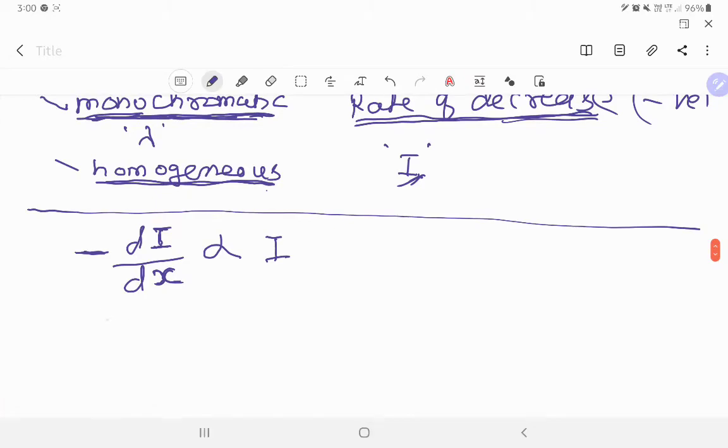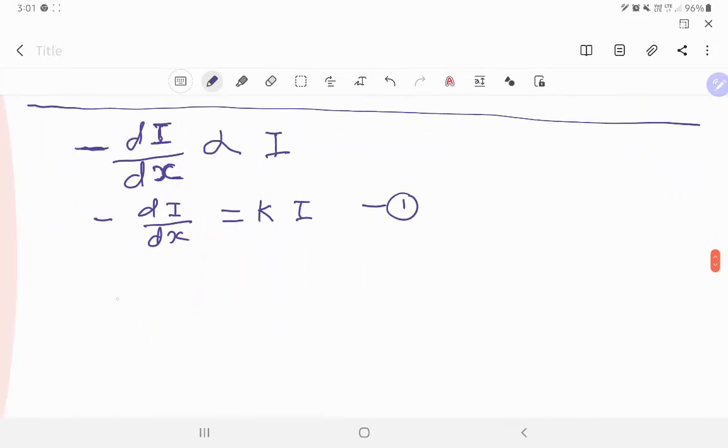Just simplify it: minus dI by dx is equal to some constant k into I. Now rearrange this equation, taking similar terms to one side: minus dI by I is equal to k dx.